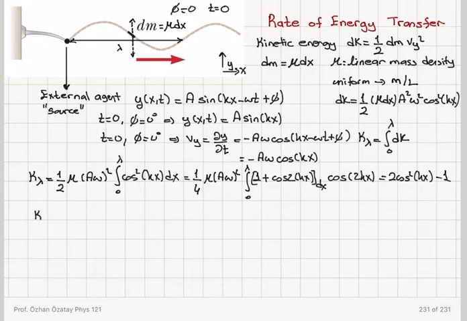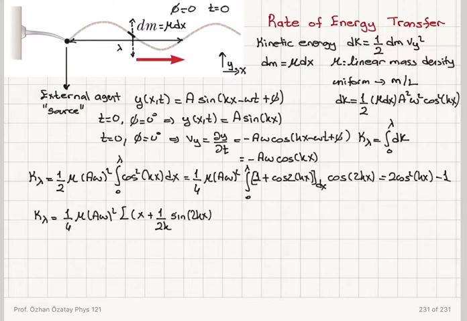So let's perform this integral. I obtain K_lambda is equal to 1 over 4 mu A squared omega squared, I have x plus 1 over 2k sine 2kx.